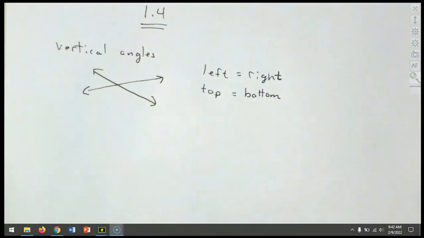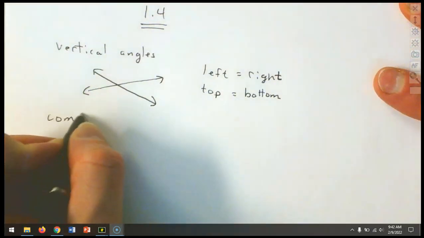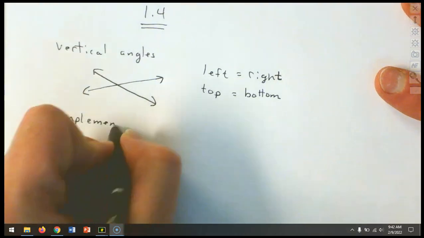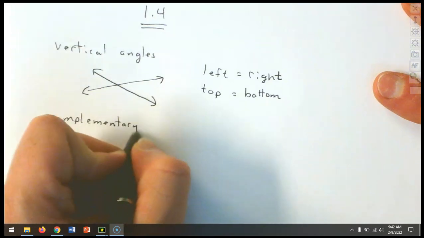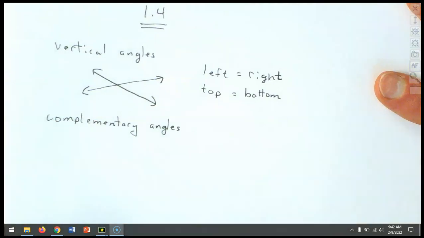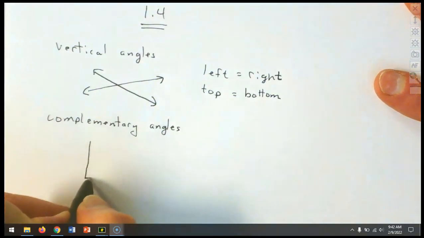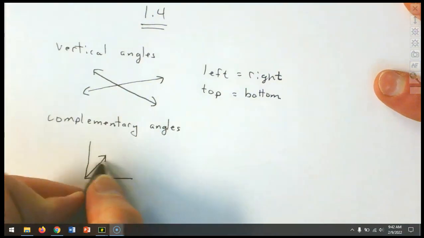We also have complementary angles. These are also sometimes called right angles. For complementary angles, they're going to sum to 90.